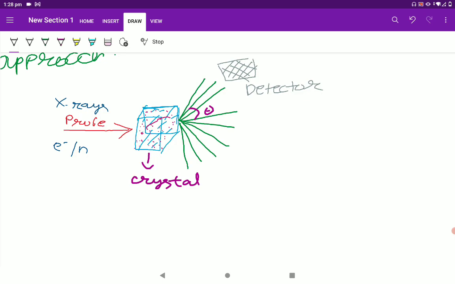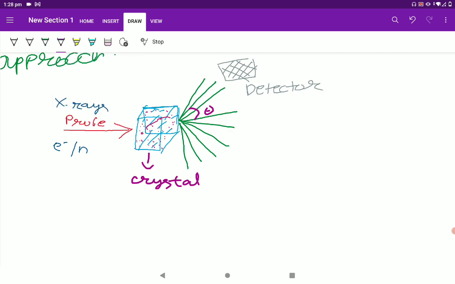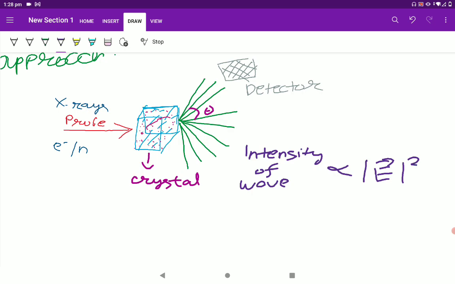The intensity of the wave is directly proportional to the square modulus of the electric field.